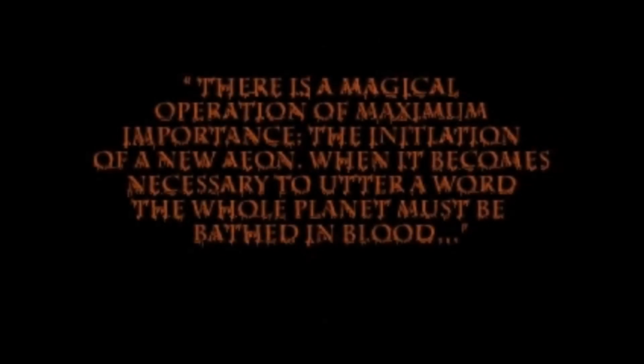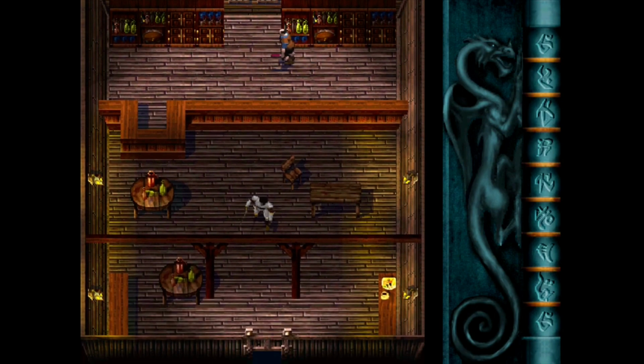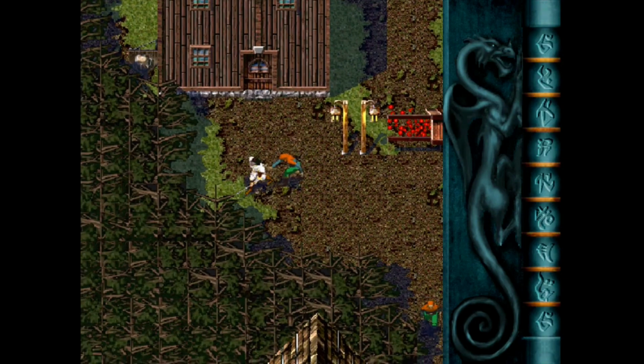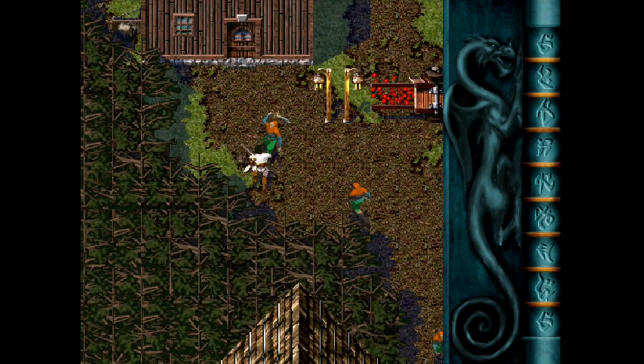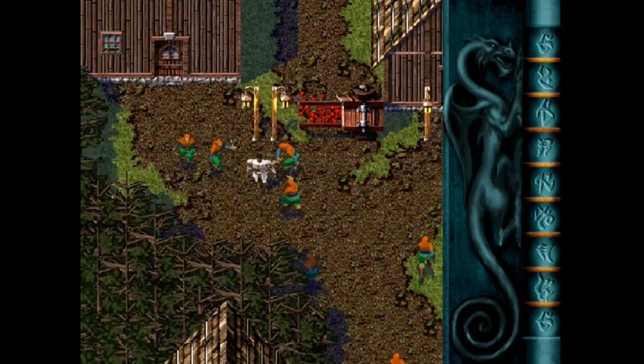There is a magical operation of maximum importance. The initiation of a new aeon. When it becomes necessary to utter a word, the whole planet must be bathed in blood. The tavern's closing. Best be on your way, stranger. What? No mug of ale for a weary traveller from distant Corhagen? I can reward you well, for I am of noble blood. I stay open for no man in these dark times. Things come with the night that no sane man would welcome. And so I left, cold of heart and soul, forced to the road and the long, bitter night. That's him! End it! Now!